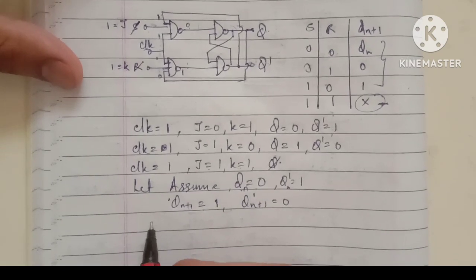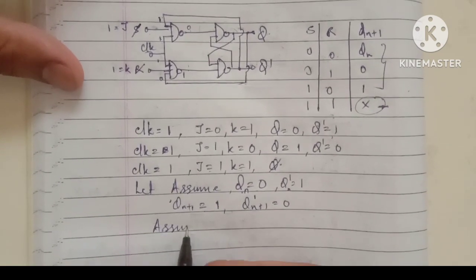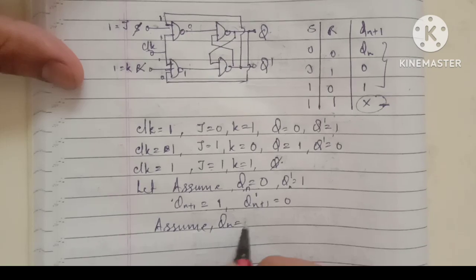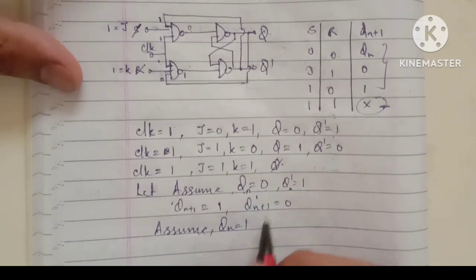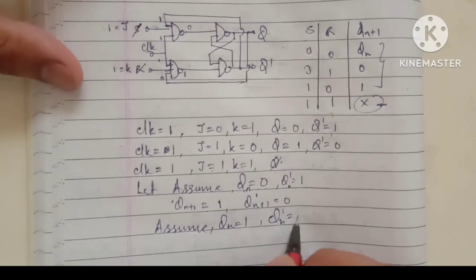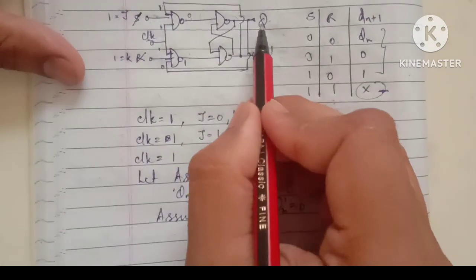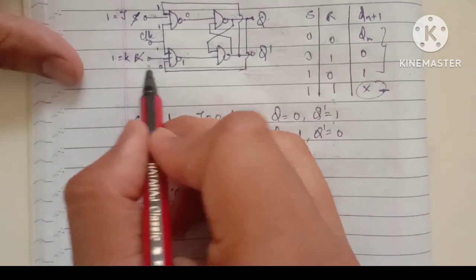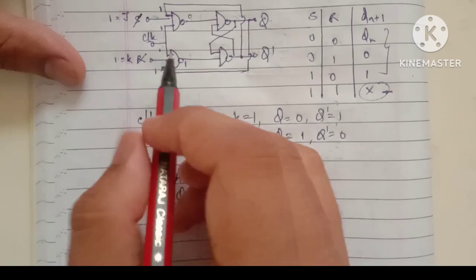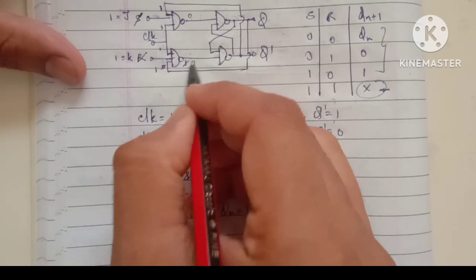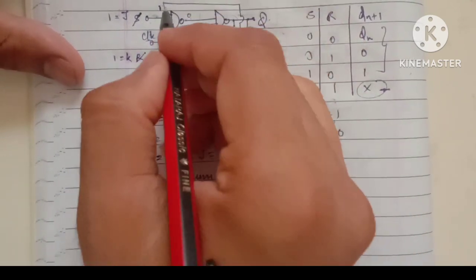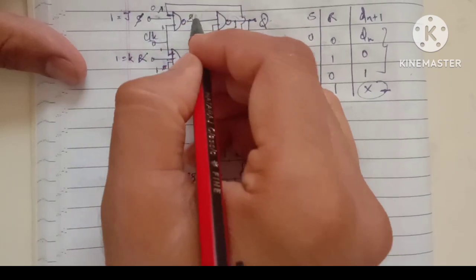Now again we'll assume Q n is equal to 1. Before I took 0, now I will take this. Now 1 will come here, 1 will come here. So 1 1 1 will provide you 0. Now it is 0, here it is having 0, so you will get 1.